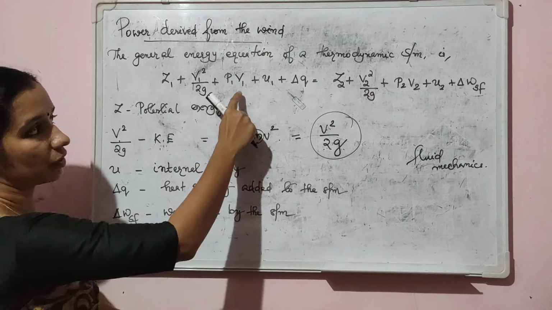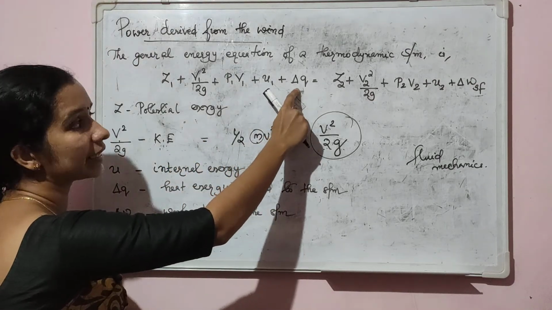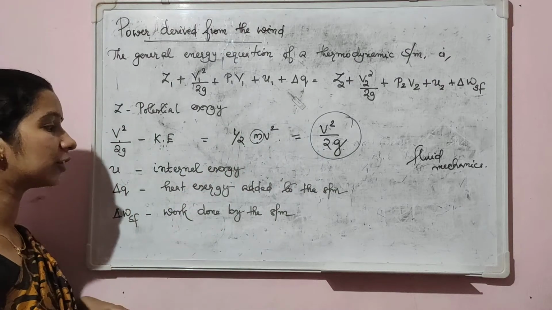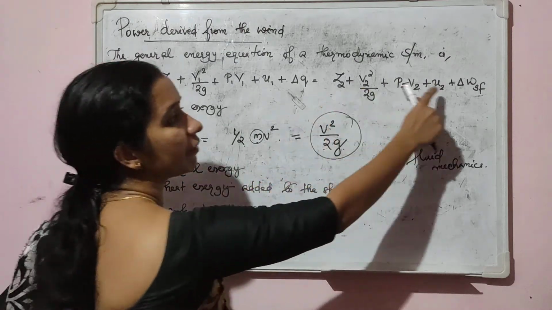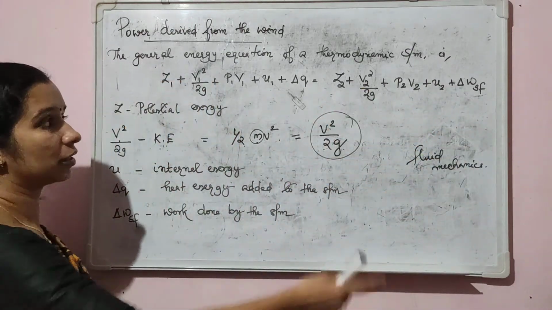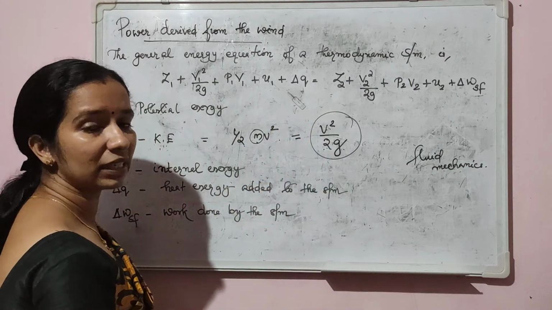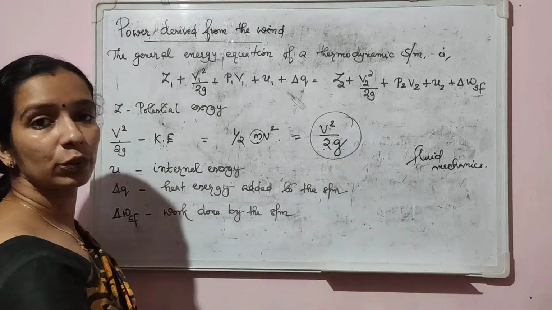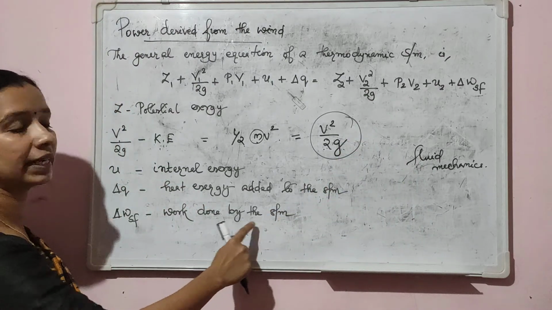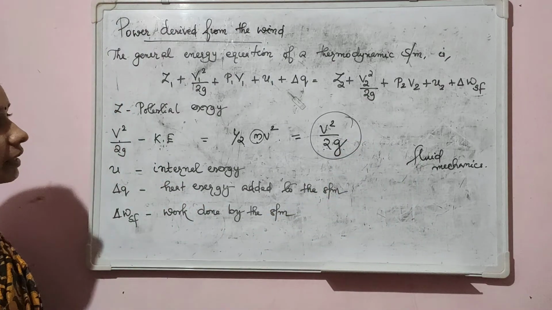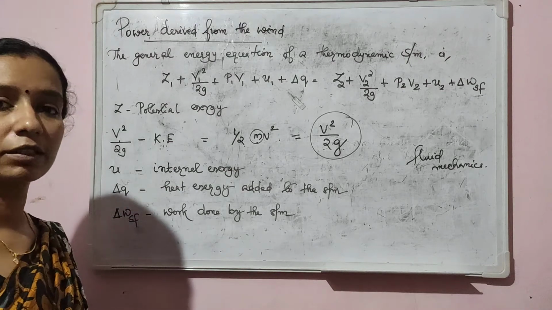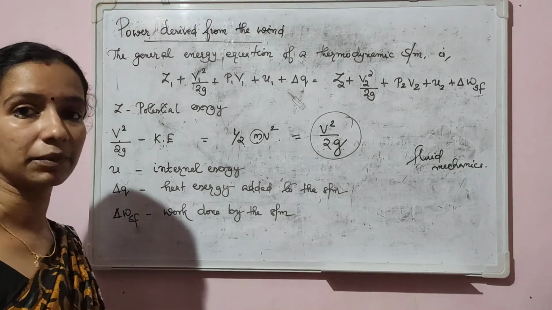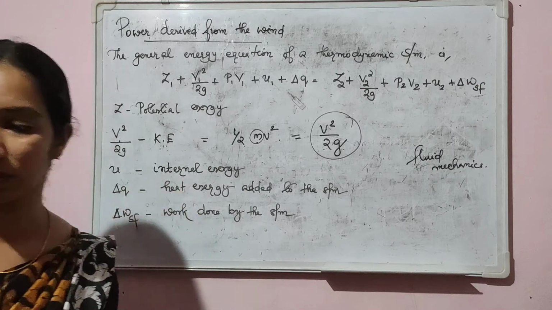On this side it is delta Q. Delta Q is the heat energy added to the system, and here we have delta WSF. As a result of this heat energy added, some work will be done by the system. So delta WSF denotes the work done by the system. This is the general energy equation for a thermodynamic system. Please note it down.